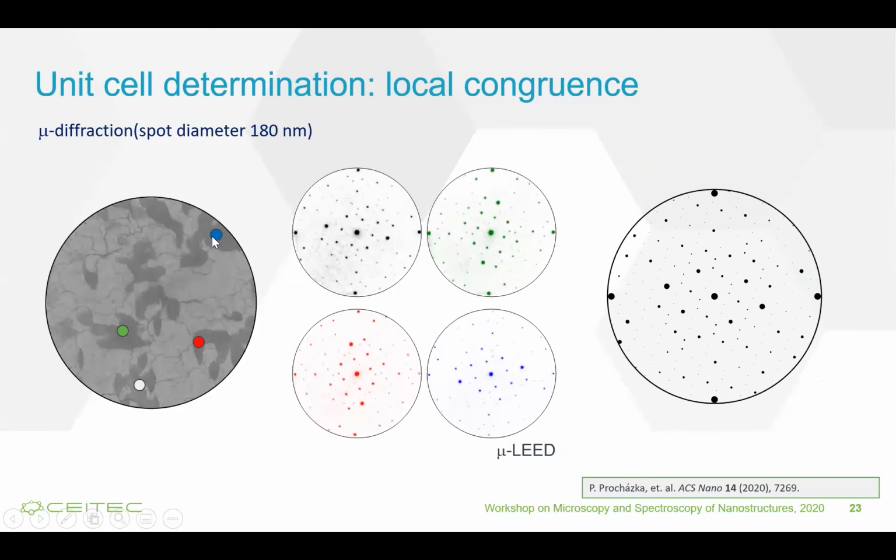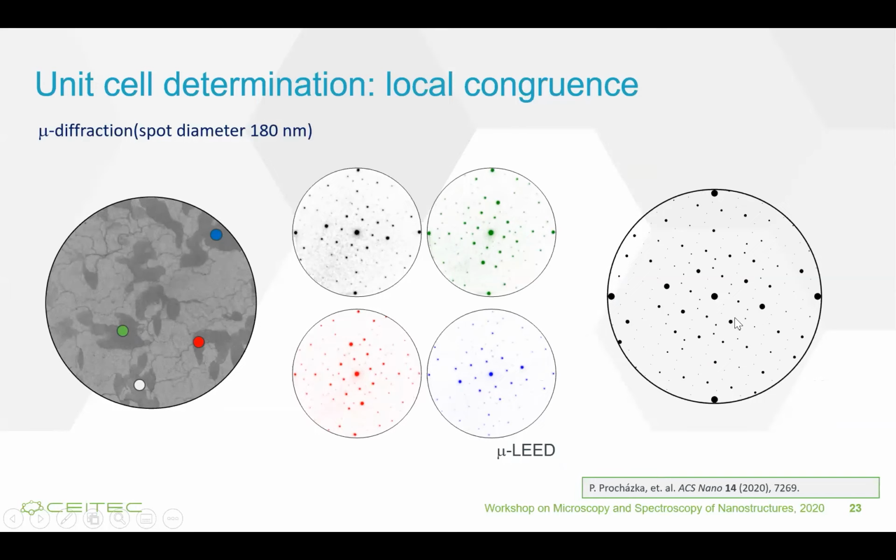Fortunately, we can use a smaller aperture and measure the diffraction only from small areas on the surface, and we can see 4 distinct orientations of the diffraction. The patterns are the same, but just have different orientations.